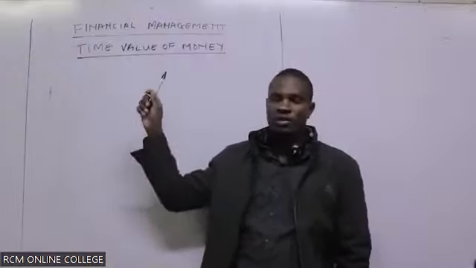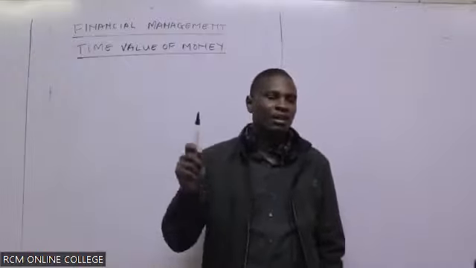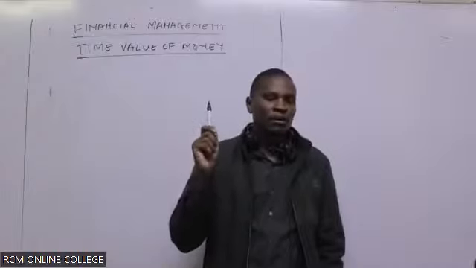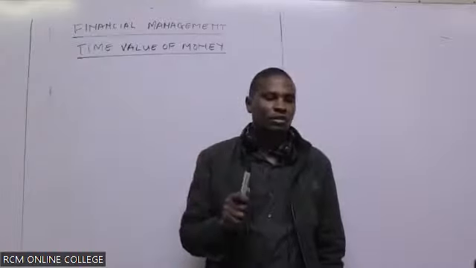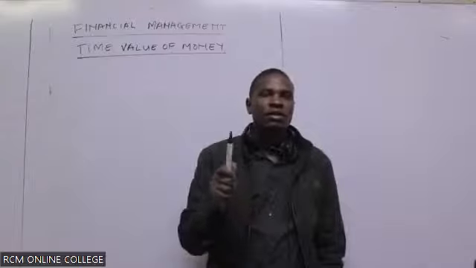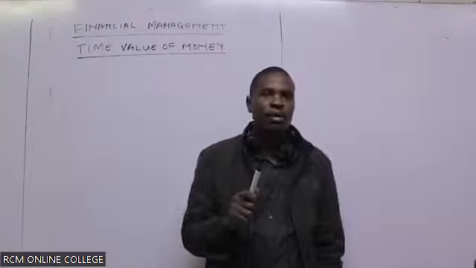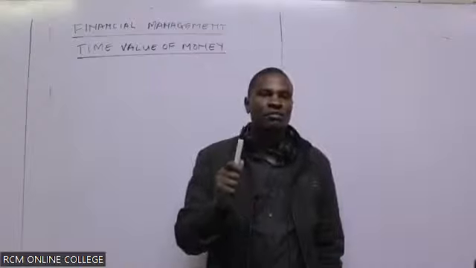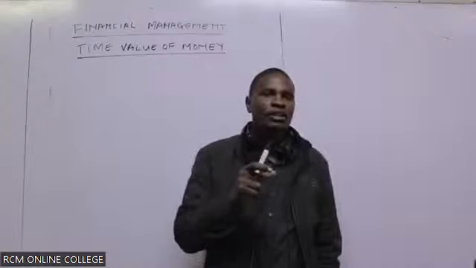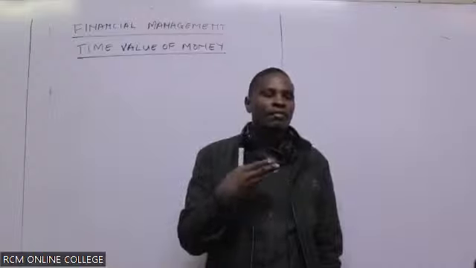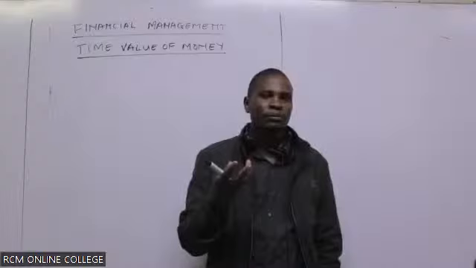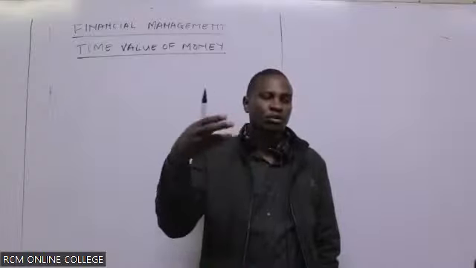We're going to look at this topic, time value of money. It is topic number 4, as far as the syllabus is concerned. Just a recap: when we talk about time value of money, we are trying to look at the value of 1 shilling for a given period of time.